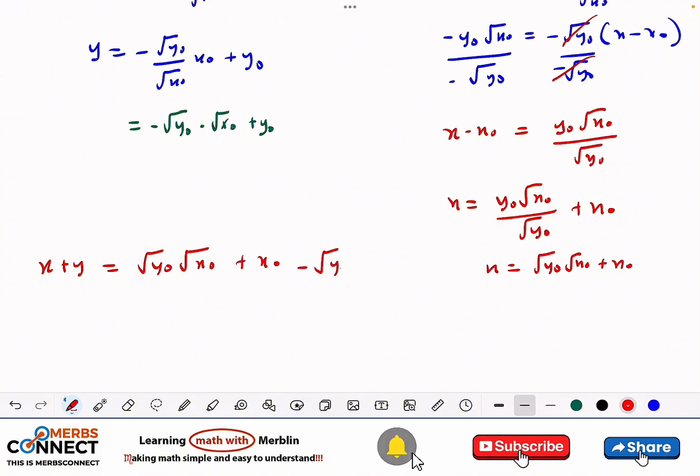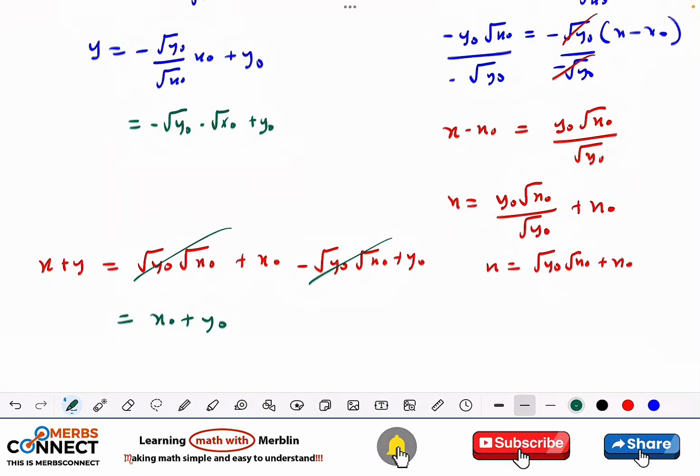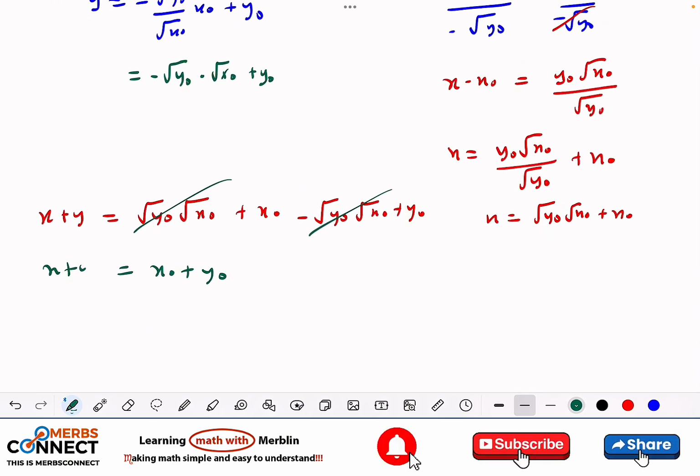Minus root of y naught root of x naught plus y naught. This is interesting. How did we see that? This guy will cancel this. So we are going to have x naught y naught. So x plus y is now equal to x naught y naught.